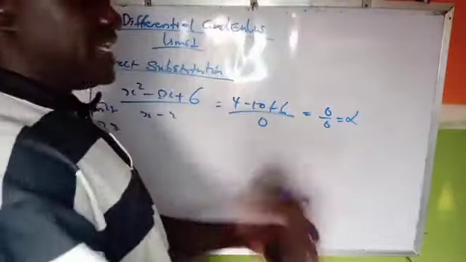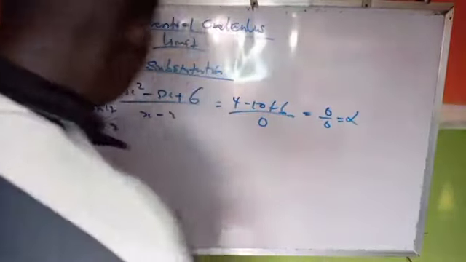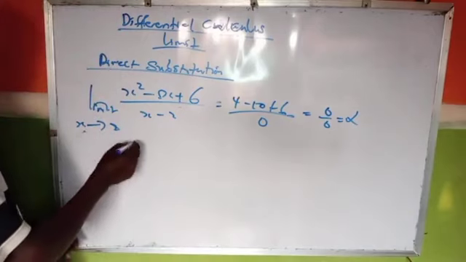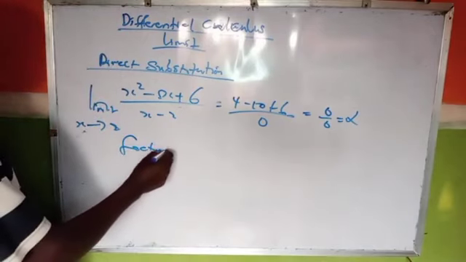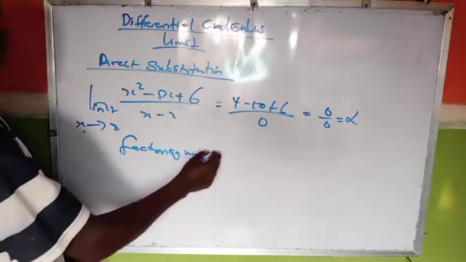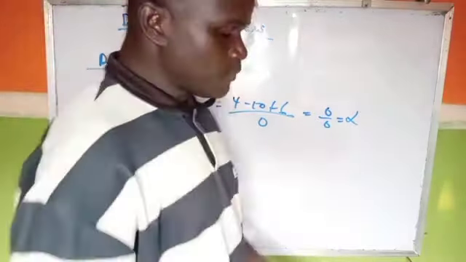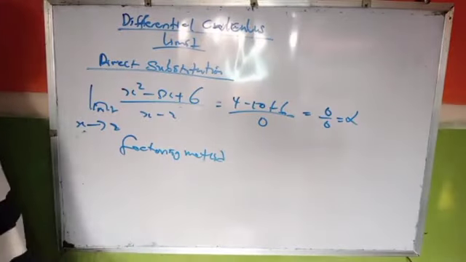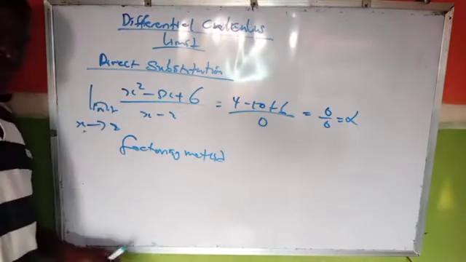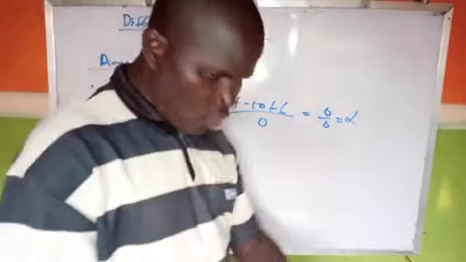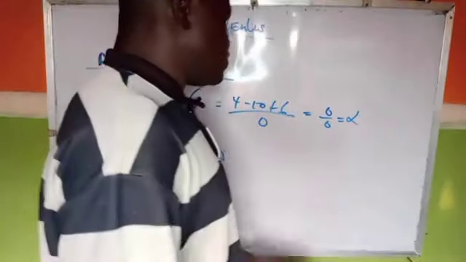So there is another way you can try it. One of the ways is by the factoring method. So once you come across something like this, you can use the factoring method to solve it. It has a solution. Then you can use other means once you get into this.